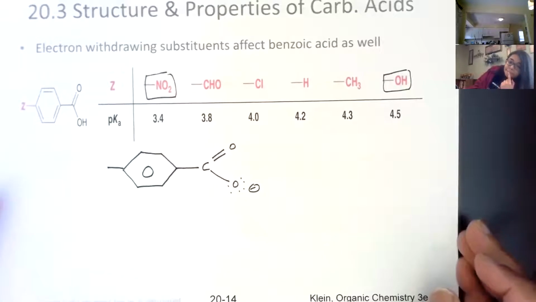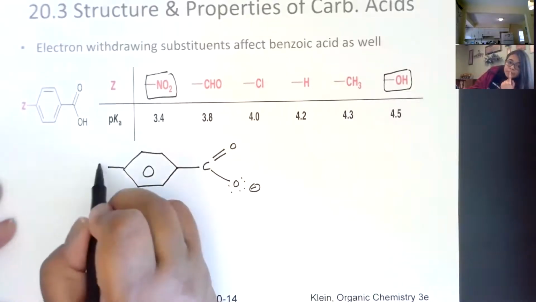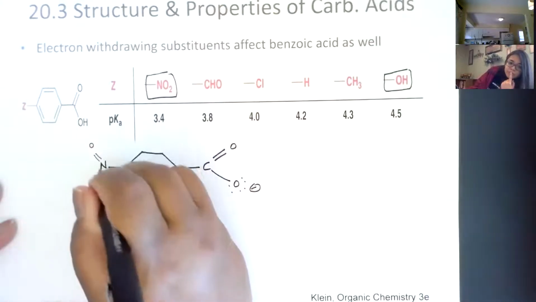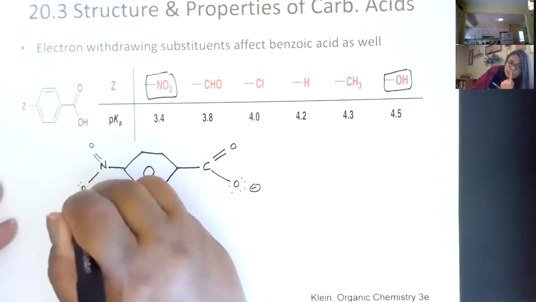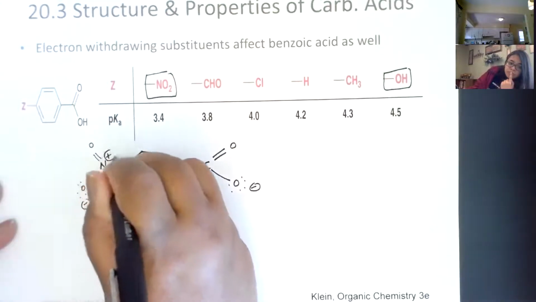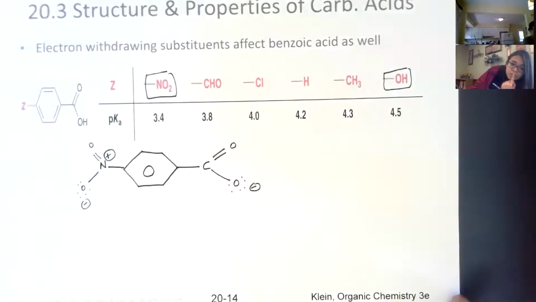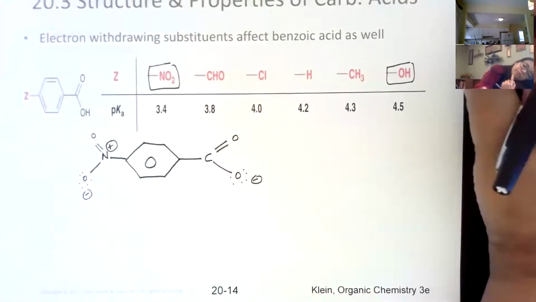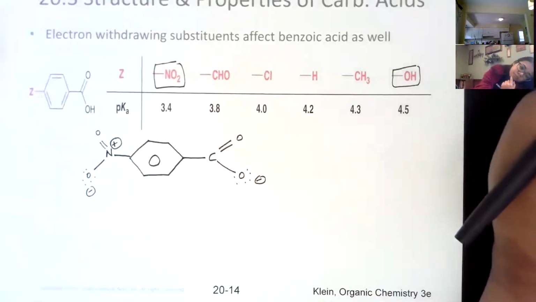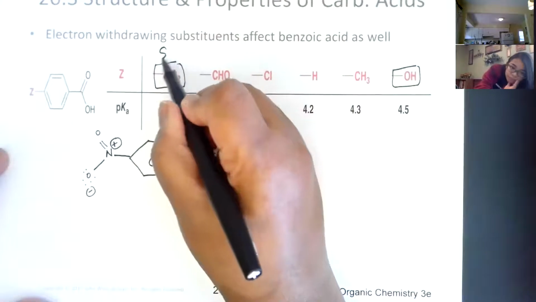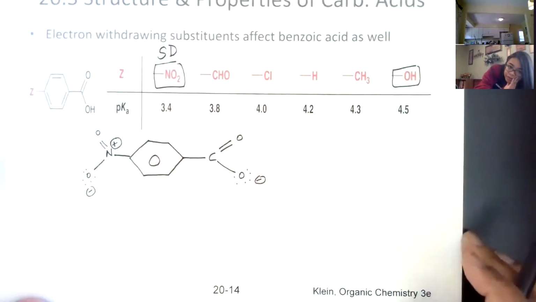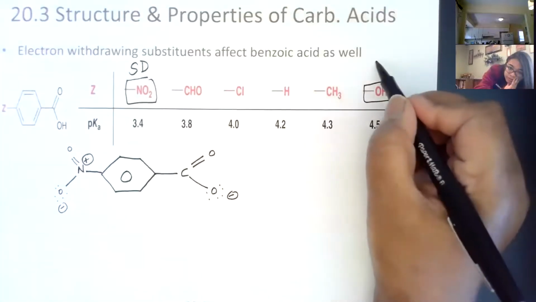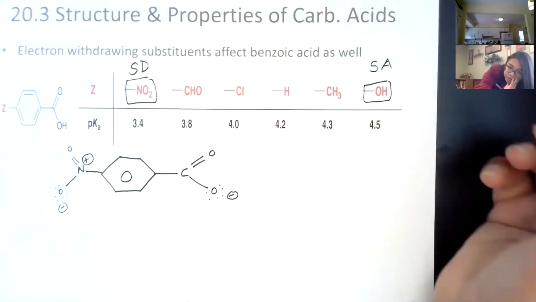So I'm going to pick 3 examples. I have the NO2. What type is it? NO2. We cannot forget that. We need that for the test. What is NO2? Nitro. Strong deactivator. What about OH? Strong activator. Yeah. Strong activator. Very good.